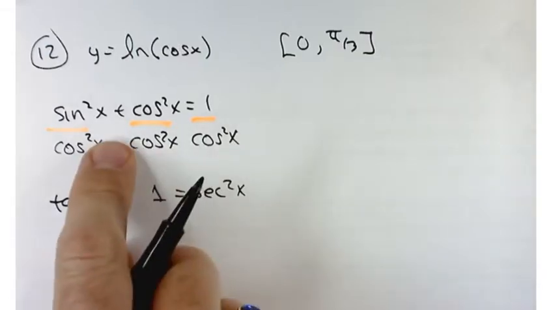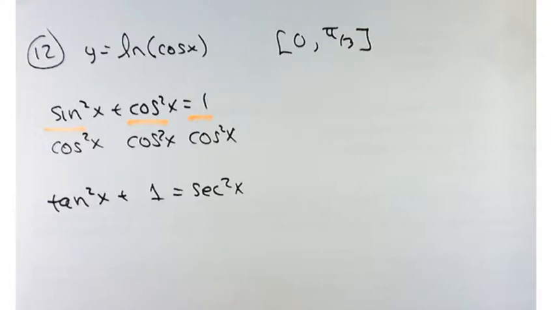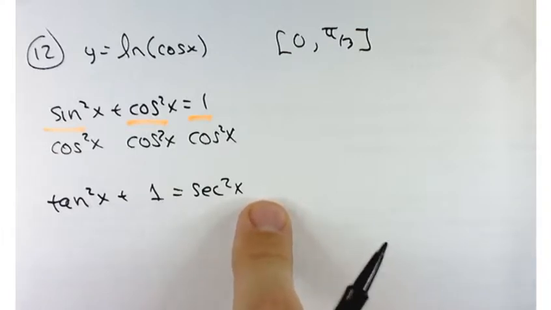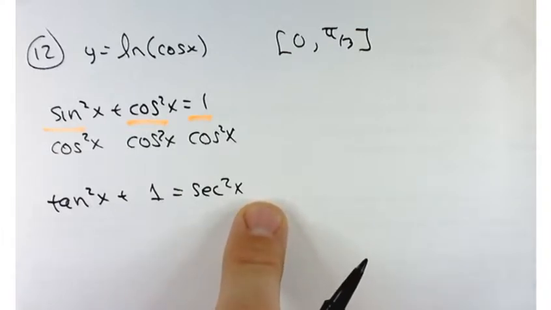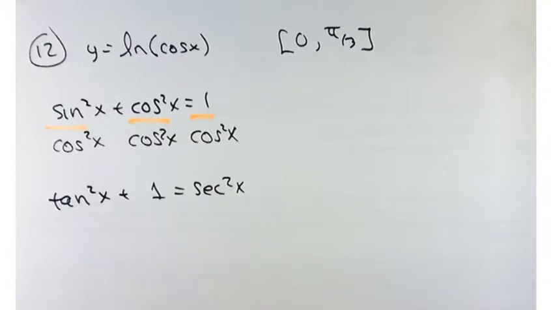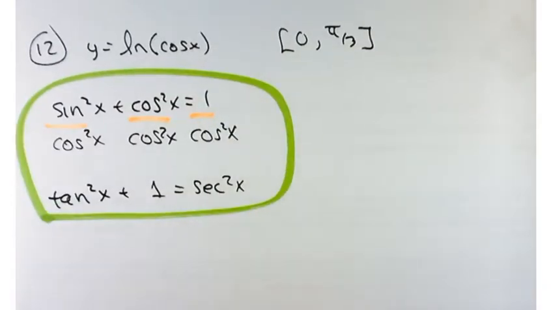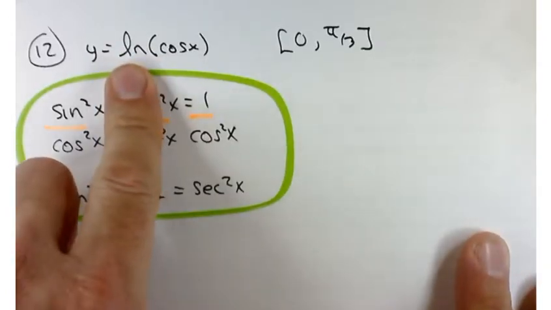If I divided this through by sine squared, I get another identity. If I move the 1 to the other side, I get another identity. There are so many things you can get just by working with this one identity. All right, so that's a little, no pun intended, tangent for us here. Let's go back and figure out the arc length of this thing.